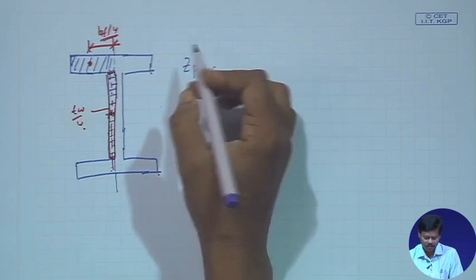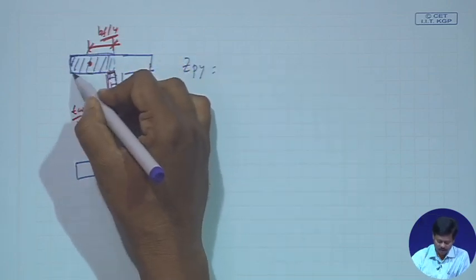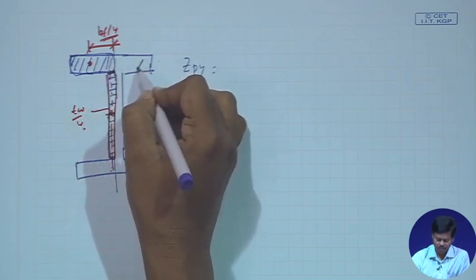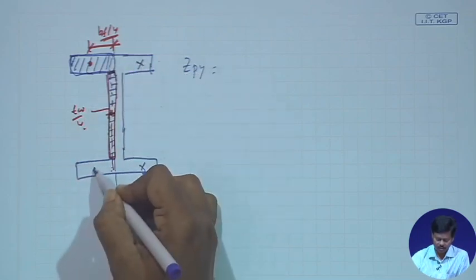So, Z p y will be the plastic section modulus of this section, into 4, because this is 1, 2, 3, 4.